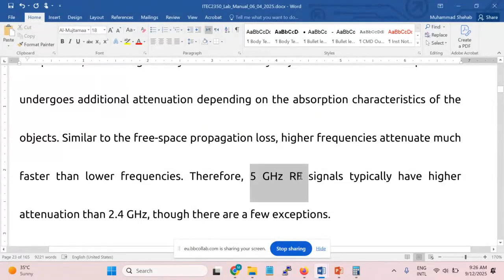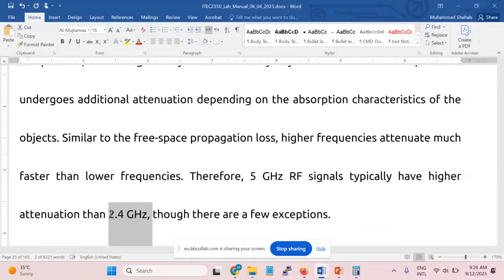When the frequency is higher, the signal is faster, the data rate is higher, but the coverage is smaller. With 2.4, the signal is slower, but the coverage is larger, because it has a larger wavelength lambda.